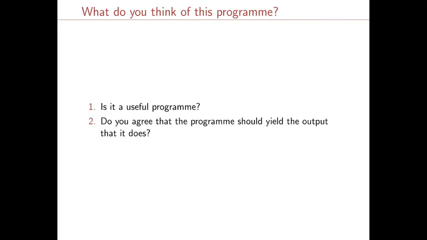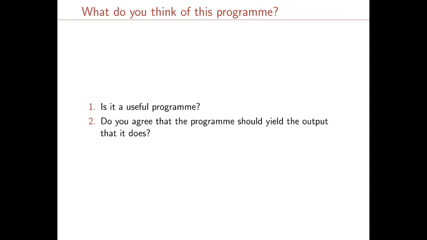So I would like to come back to the question that we looked at after the first example, when we looked at the programming language C. Is this a useful program? And do you agree that the program written in these respective programming languages should yield the output that it does? The answers to these questions are, of course, somewhat subjective.